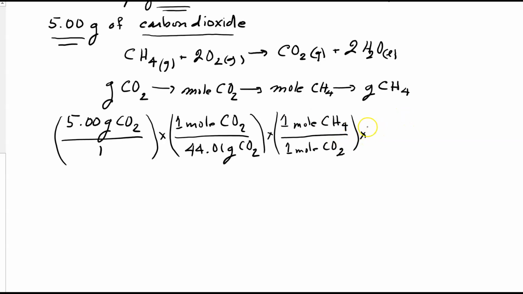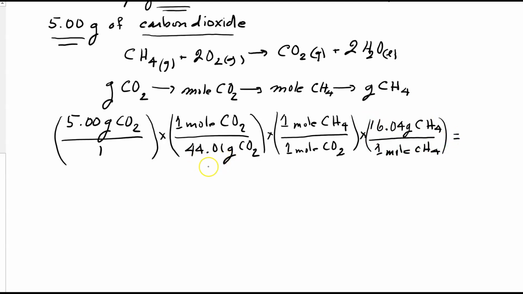So to get that, we need to add up all the atomic mass units inside methane. So we have 16.04 grams of CH4 for 1 mole of CH4.